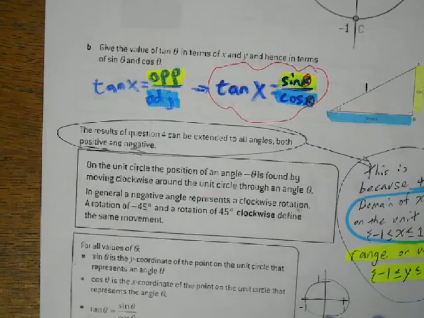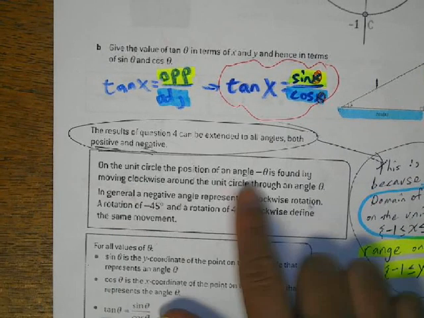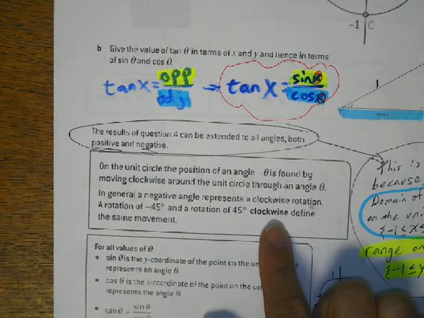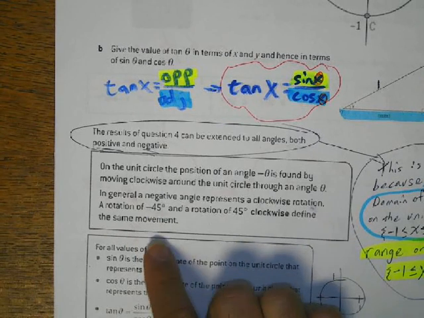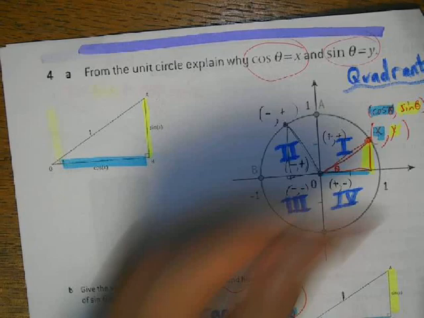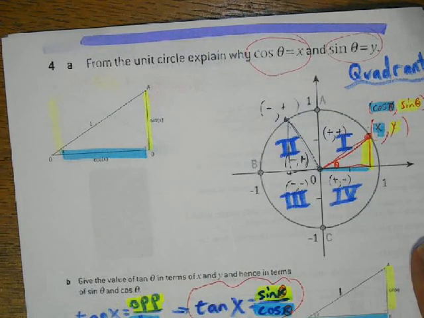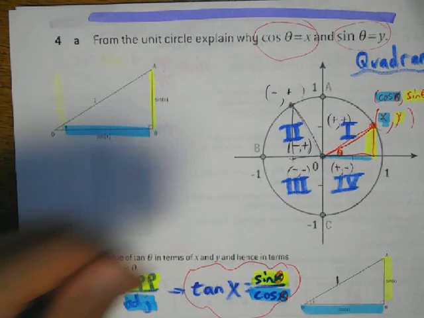Okay, so if the angle is negative, then we're going to move clockwise on the circle like I showed you on the previous page. And if the angle was positive, as you know, on the unit circle we go counterclockwise. So if we're going negative angle, then we're going to go clockwise.